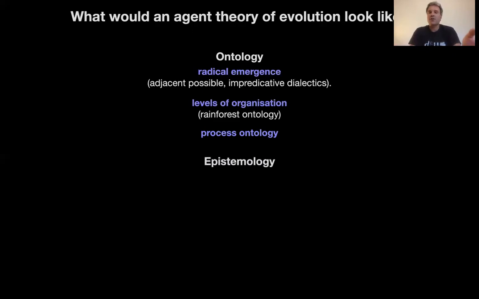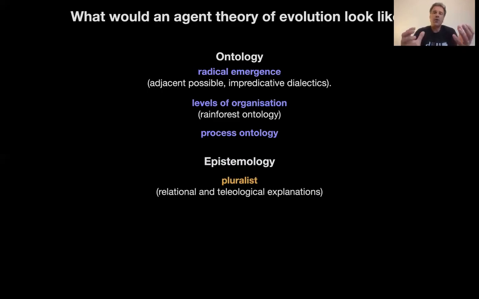So the epistemology is also going to be very different from the theories we have. It's going to have to be pluralist. It cannot be based on this idea that only mechanistic explanations are valid. But as we have seen, and we have not even been over all the different explanations that are non-mechanistic in current science, current science isn't mechanistic either. It's pluralist. It allows topological or structural explanations, mathematical explanations, statistical explanations, but this would be new here.